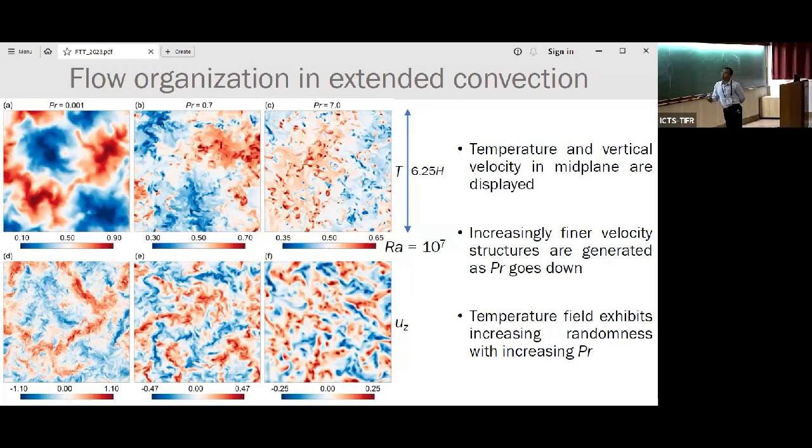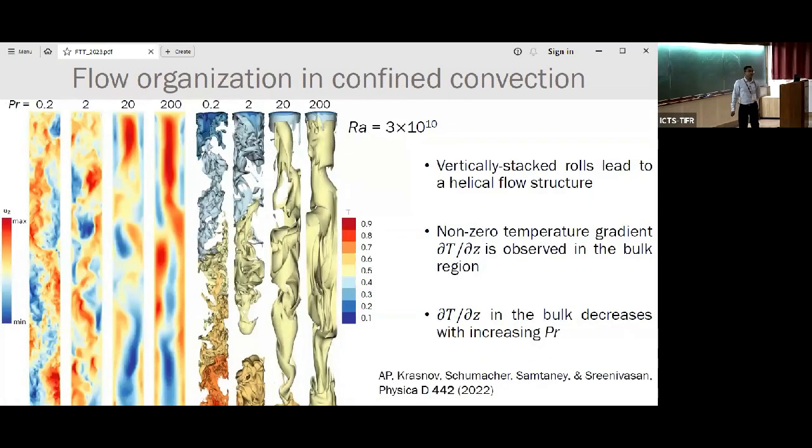If you look at the flow configuration in the slender cell with varying Prandtl numbers, now we are increasing the Prandtl number again from 0.2 to 200. These are vertical velocity slices, a vertical diametrical slice.